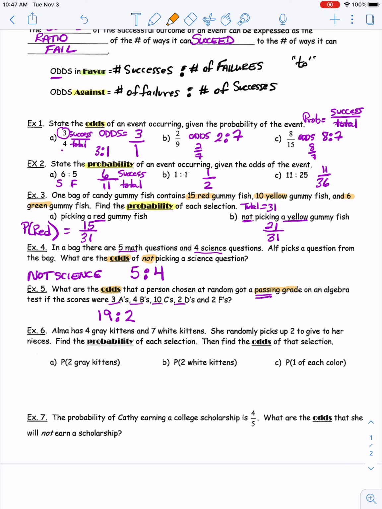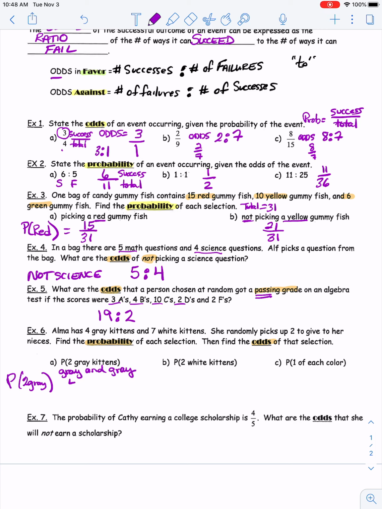Next up, kittens. Isn't that sweet? Find the probability first, then find the odds. Probability of 2 gray, a gray and a gray.